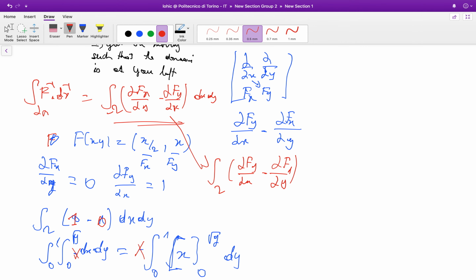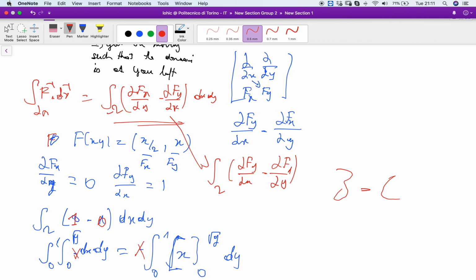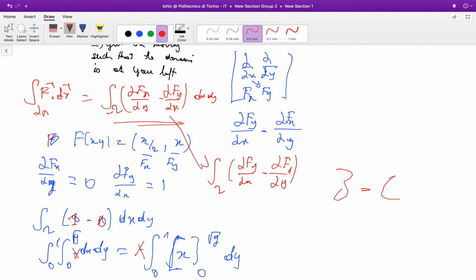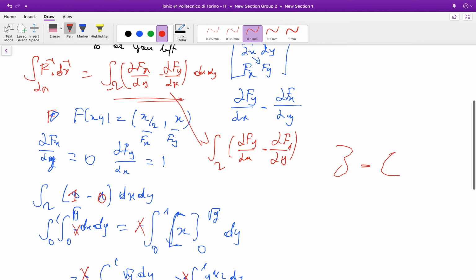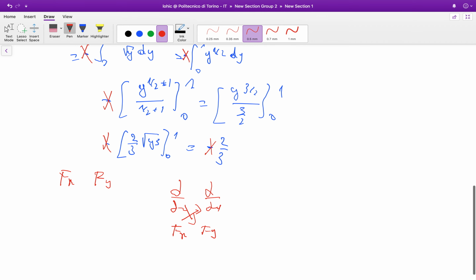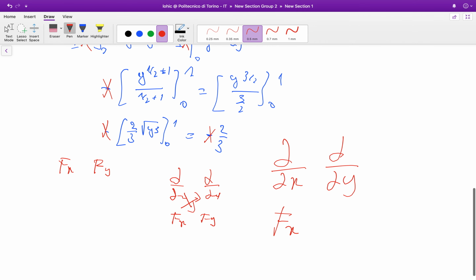Okay, by the way, the answer I think is C. If you want me to write it better, it is the derivative with respect to x and then the derivative with respect to y, then f_x, f_y. What does it mean?